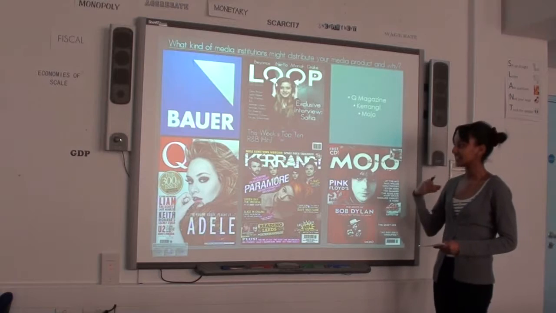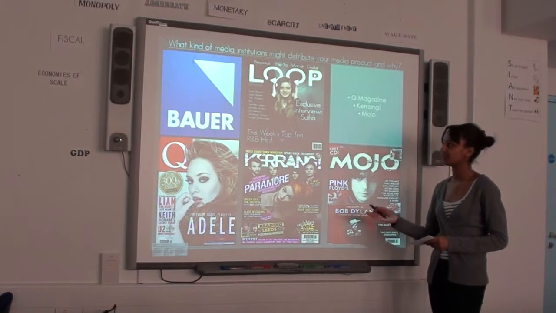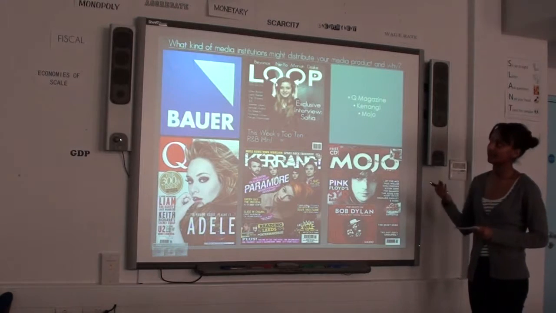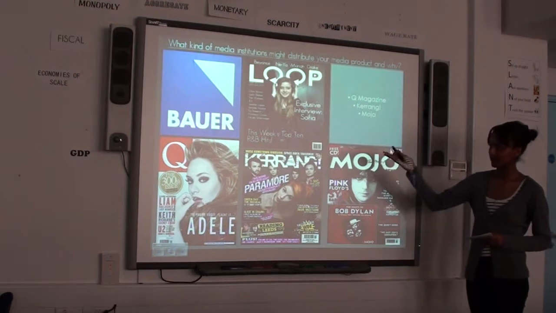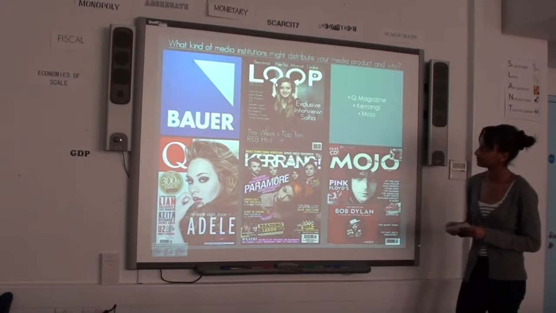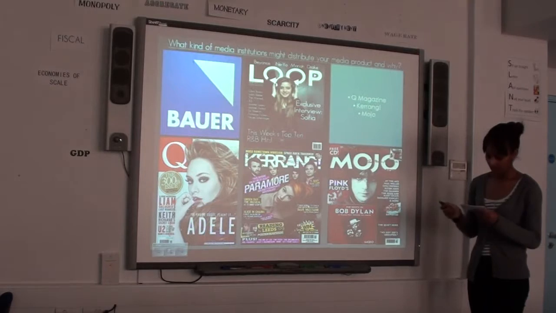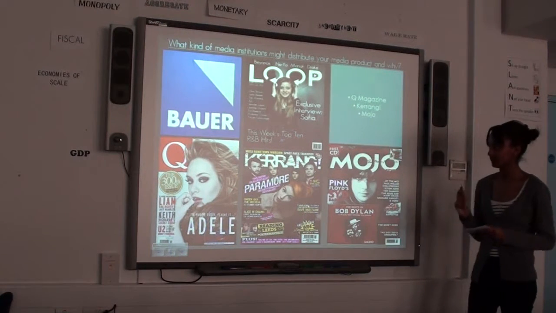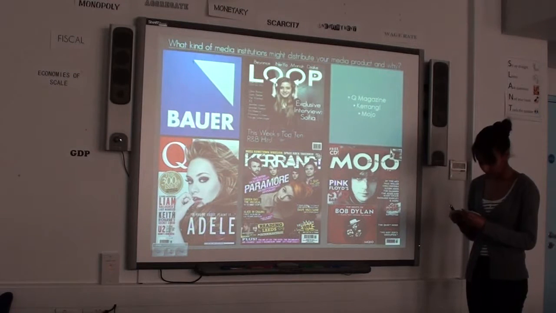And I think seeing as Bauer doesn't really have R&B magazines, I thought it would be perfect to situate my magazine in such a niche market, and therefore I think that this media conglomerate is more effective and suited to my media product.